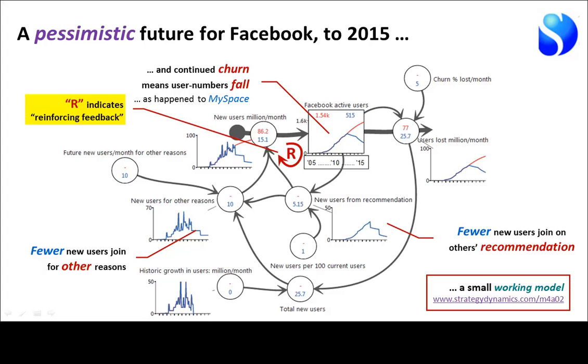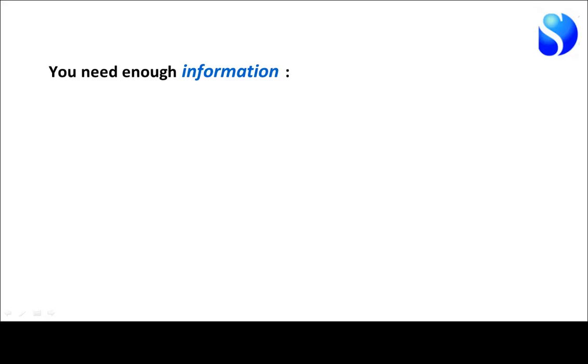The model is actually at strategydynamics.com/M4A02. So if you take a note of that link, you'll be able to go and see that model and play with it and see what it'll do. It doesn't do very much, but that not very much is precisely what it is intended to do. It just makes a rather simple point in a rather powerful way in a context that'll be familiar to quite a lot of people.